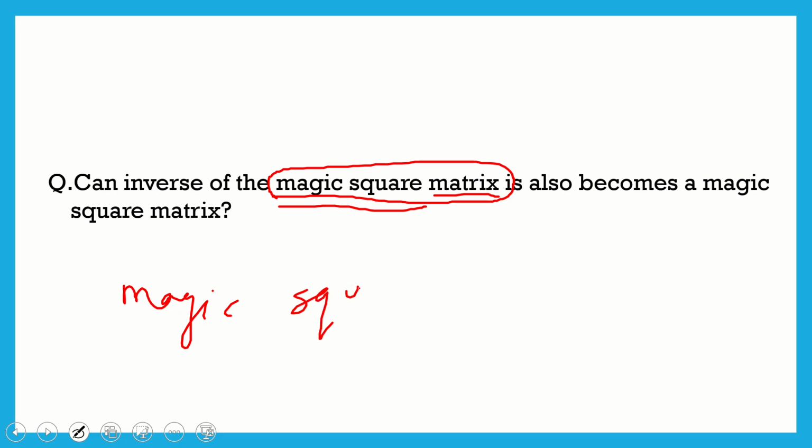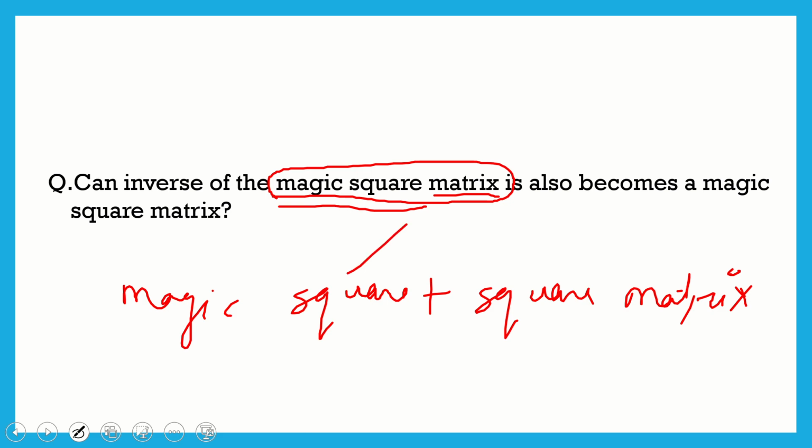Magic square plus square matrix. Sorry students, my handwriting is not good now, but I will try my best to give you understanding. So we are splitting this one term into two terms.